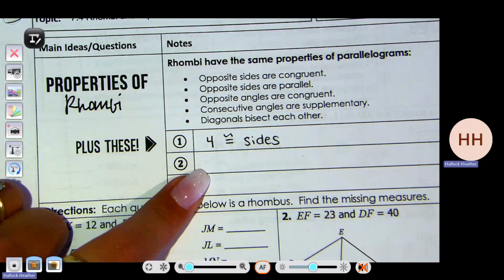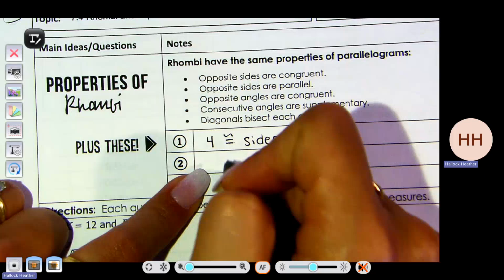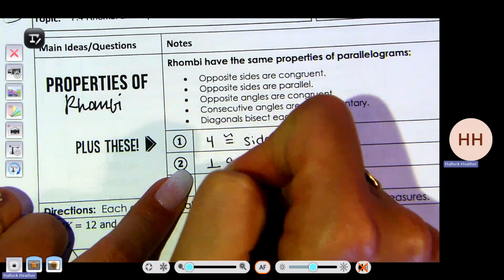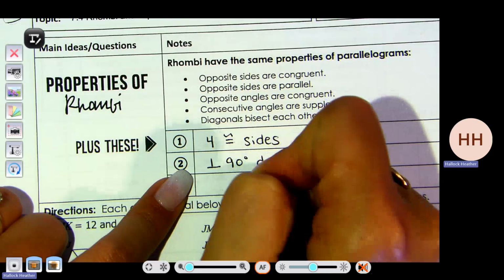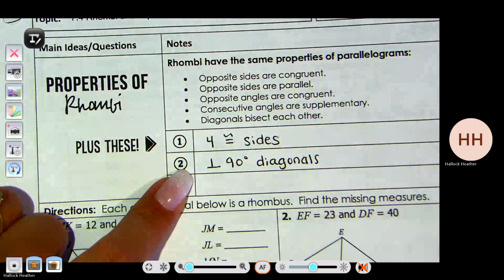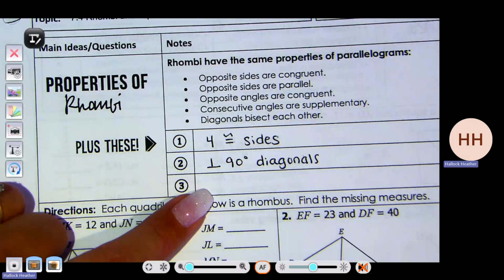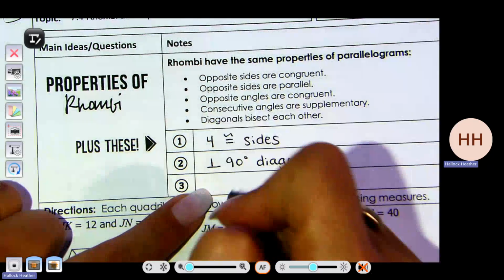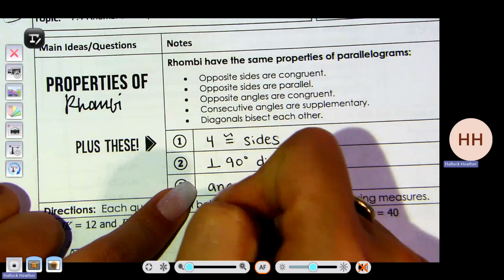The other thing that people forget the most is the diagonals are perpendicular. So we have perpendicular or 90 degrees at the diagonals. And then the last thing is the thing that you guys have been trying to do for every single picture, which is make angle bisectors.